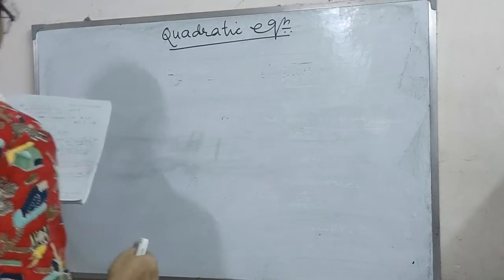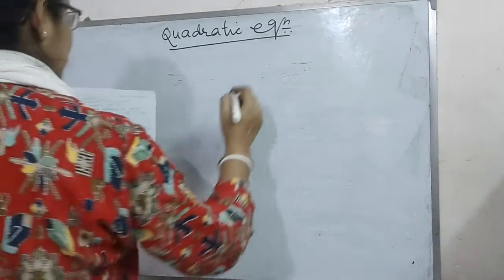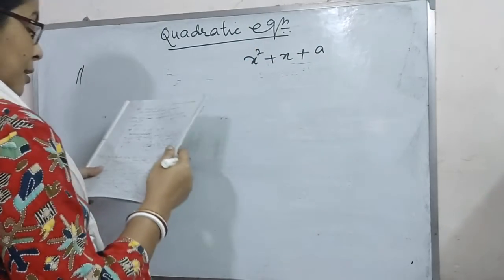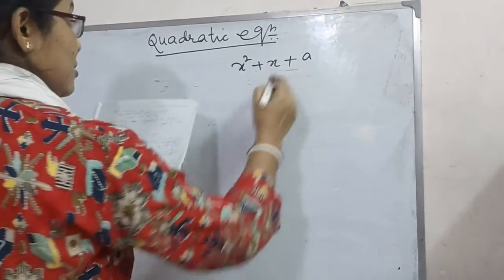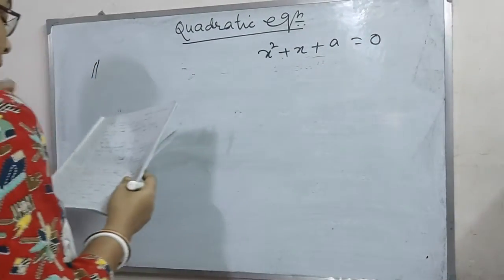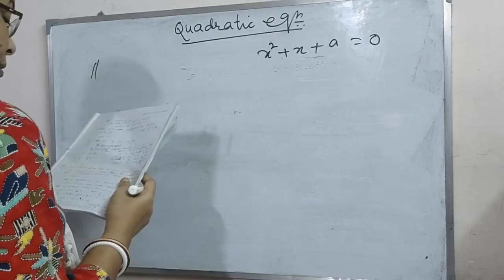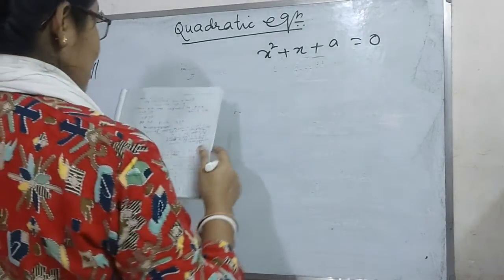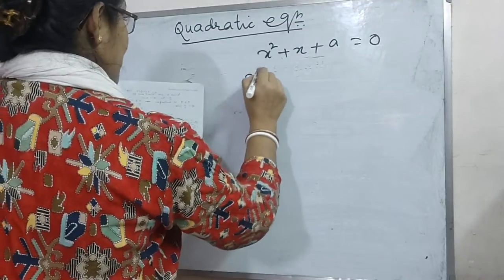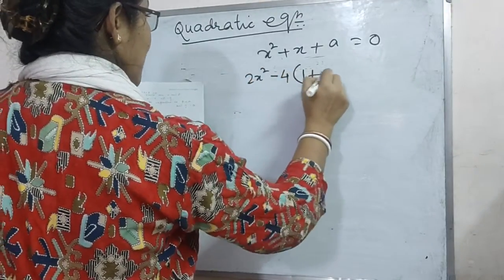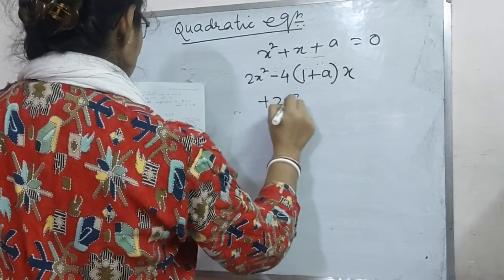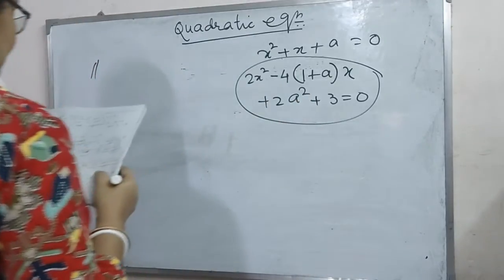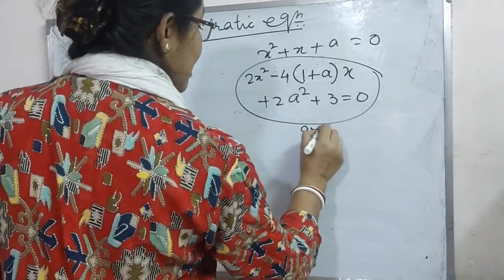If the roots of the equation x square plus x plus a equal to 0 are real and unequal, then prove that the roots of the equation 2x square minus 4 into 1 plus a into x plus 2a square plus 3 equal to 0 are imaginary.